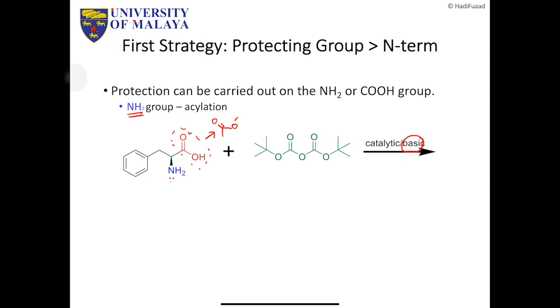The lone pair of the amine will then react with the delta positive carbon of the carbonyl functional group. Electrons will move, and this bond will break, and part of the structure of the Boc anhydride will be the leaving group.